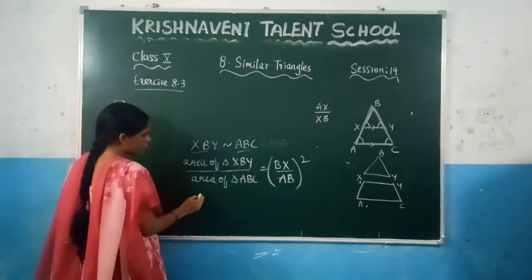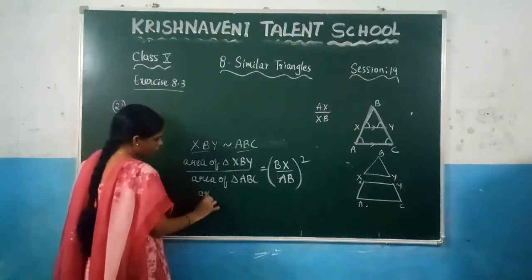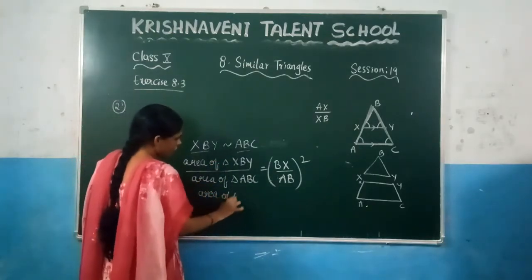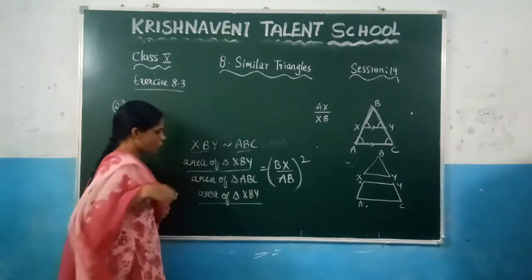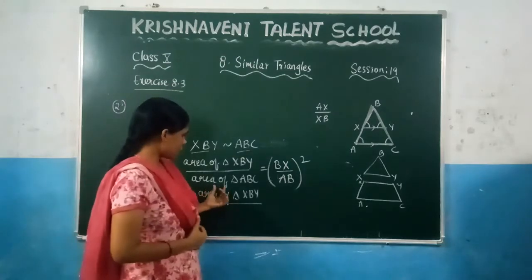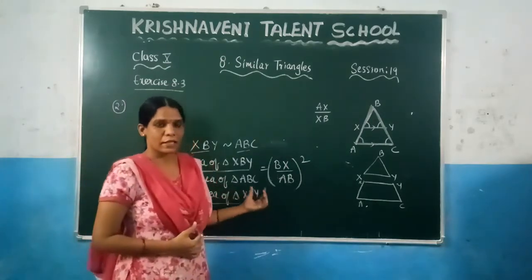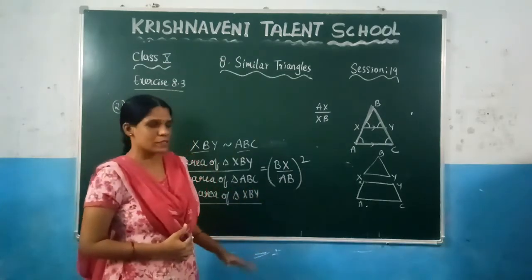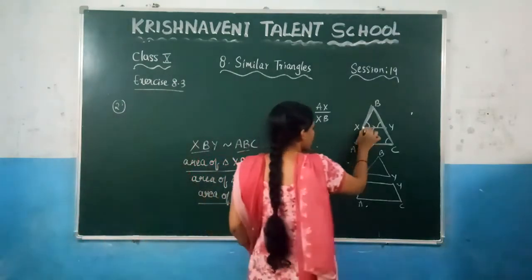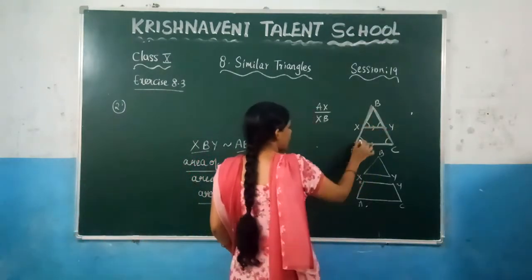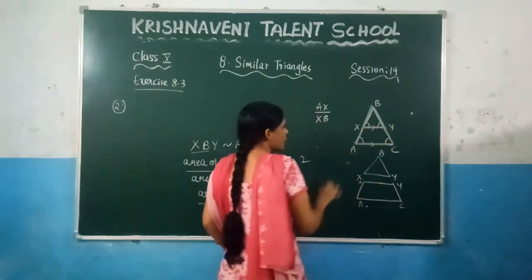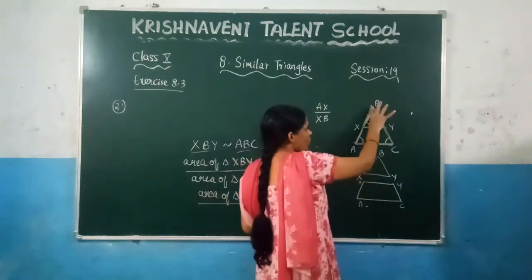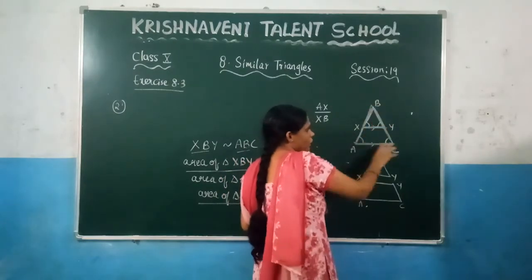First write what is there in the numerator. Area of the triangle XPY by, you can observe that the area of the triangle ABC is there. In place of area of the triangle ABC, you can write the area of the triangle BXY and area of the trapezium AXY. That means if you take the sum of these two areas, you will get the total area.